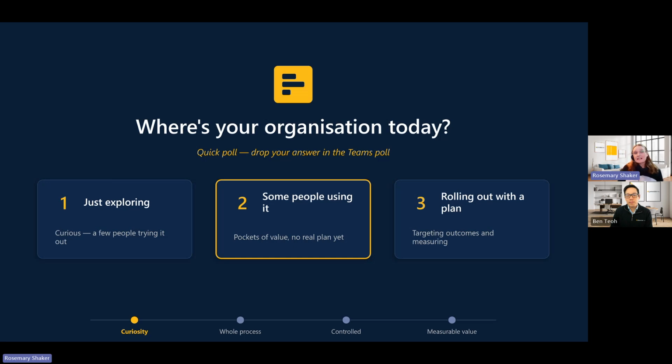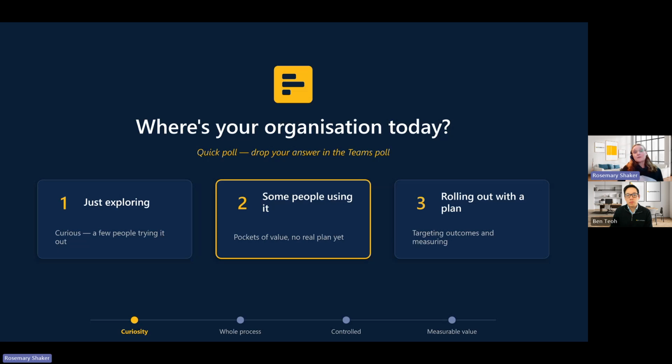We thought we would get started just to get an understanding of where you are in your Copilot journey. So we're just going to pop a poll up. Pete, can you launch that poll for us? Just to get an understanding of where you are at the moment. Is your organisation just exploring, so you're still at the curiosity phase, with a few people trying it out?